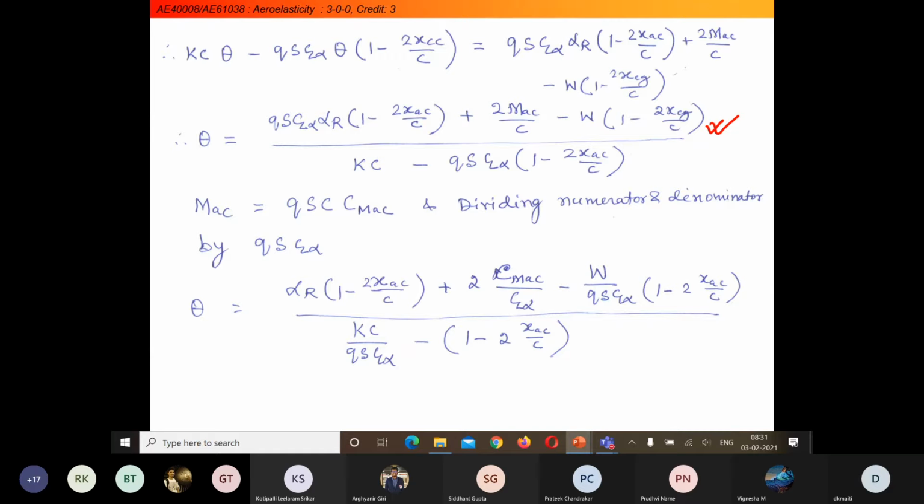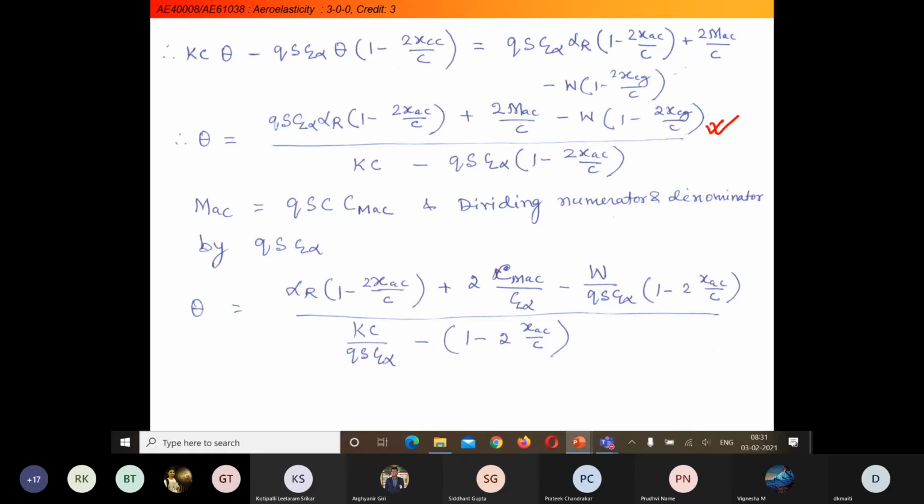It is theta multiplied by K c minus Q S C L alpha (1 minus 2 X SC by C), and the numerator part is Q S C L alpha into alpha R multiplied by (1 minus 2 X SC by C) plus 2 M AC by C minus W into (1 minus 2 X CG by C).